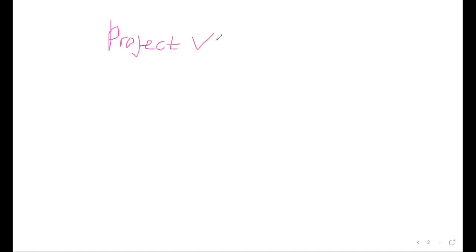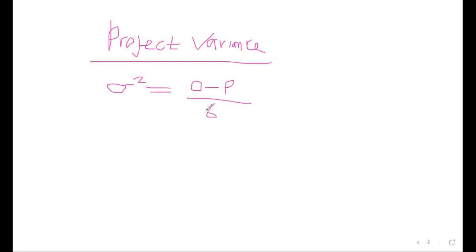The variance of the project is equal to O minus P over 6, then we square.